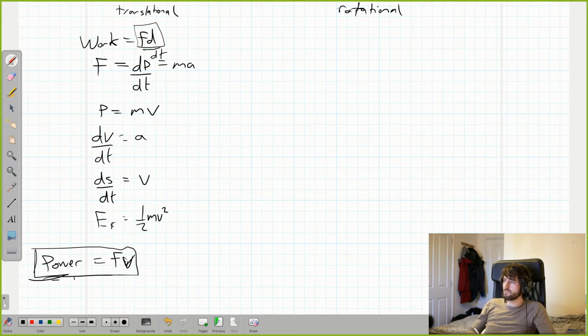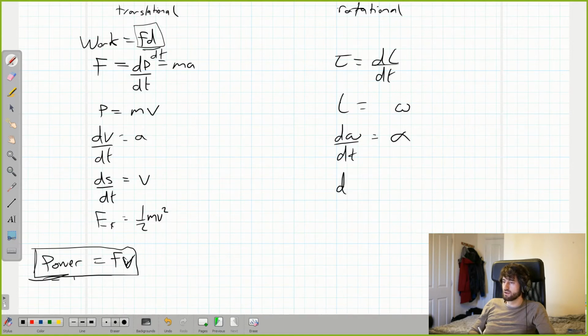Rotational. We have torque equal to dL by dt. L is going to be something times omega, and then we've got d omega by dt, which we're going to call alpha, our angular acceleration.